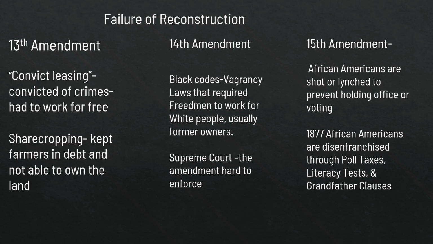All right, so despite the promise of what we can call the Reconstruction amendments, there are going to be different issues that happen. So these are kind of referred to as the failure of the Reconstruction amendments. The 13th Amendment abolished slavery. So while slavery was officially ended, you have different systems that are going to be created, convict leasing, where you're going to have African Americans convicted of all these fabricated crimes.